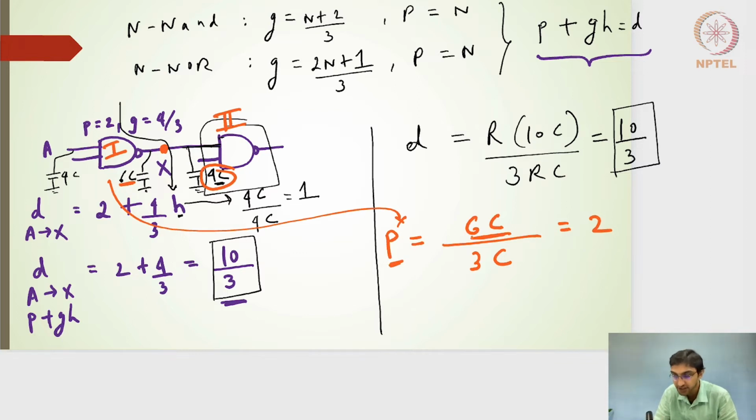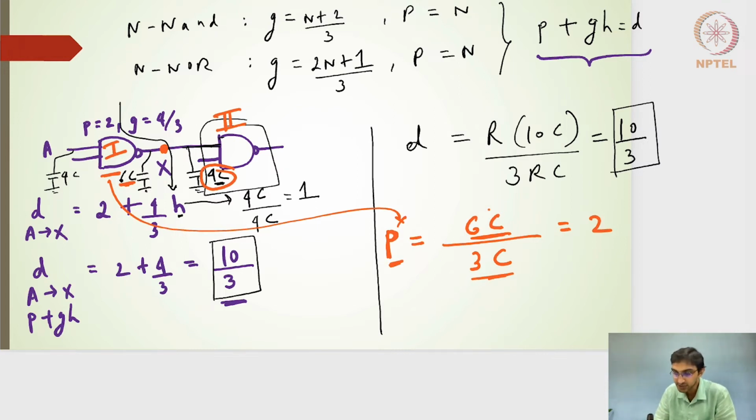So that is important. For the parasitic delay of the first stage, P plus GH, how do we calculate the P value? This is nothing but its own parasitic capacitance, 6C, divided by the 3C of the inverter, giving the same output current for both gates, right?